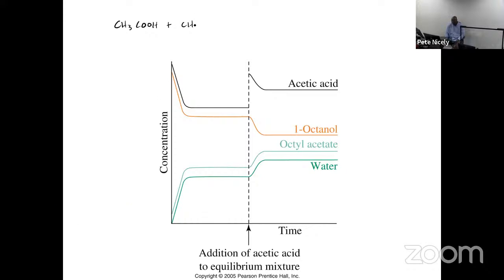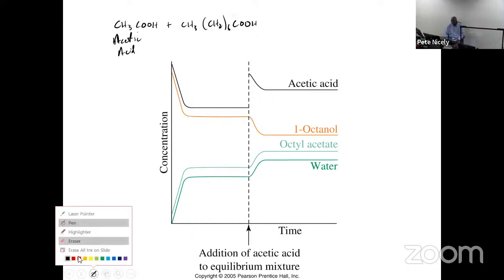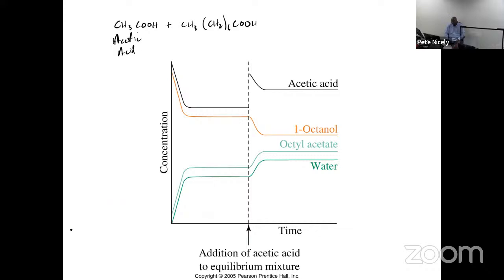Okay, so this is CH3, and then you're going to have 6 CH2 units, and then COOH. So this is acetic acid. This is 1-octanol. I'm sorry, too many oxygens here.